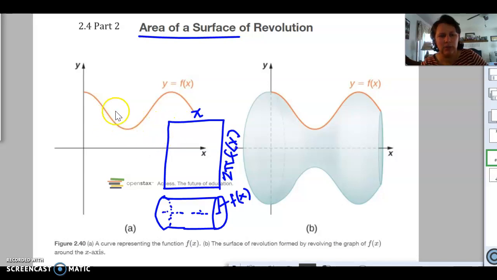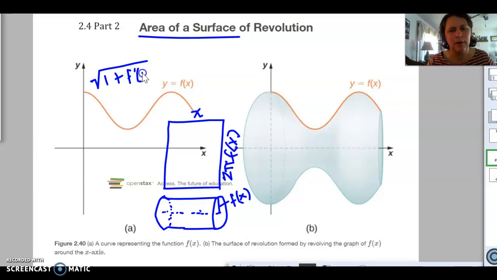Well, it's not just going to be x, because there's a lot more to it, but remember that we just proved that we could find the length of this line with the equation: 1 plus f prime of x squared, take the square root of it and integrate it from 0 to a, and that's how we find the length of that line.